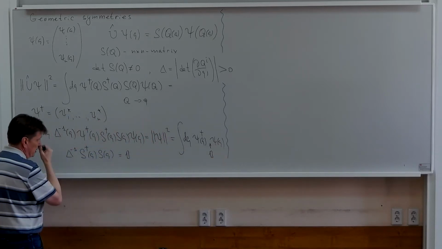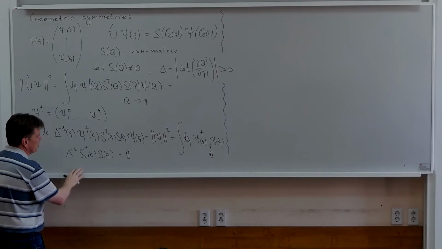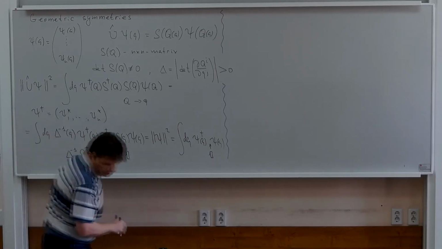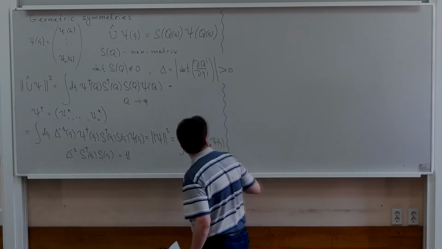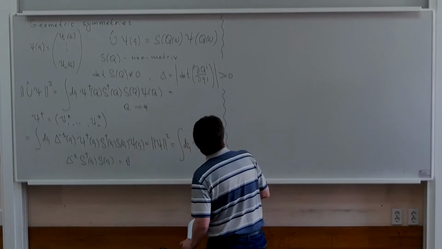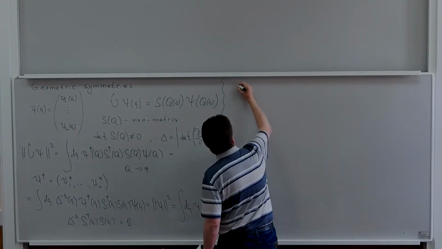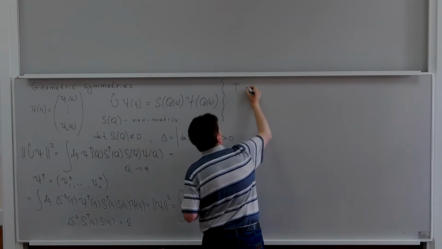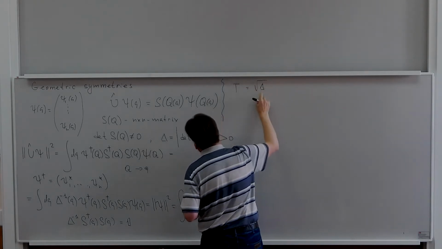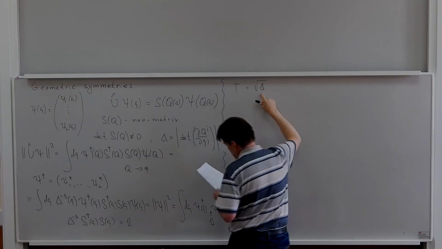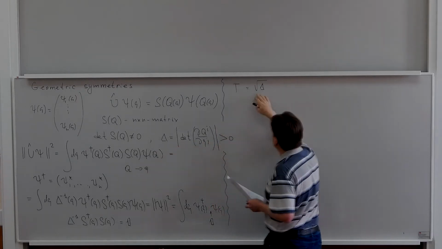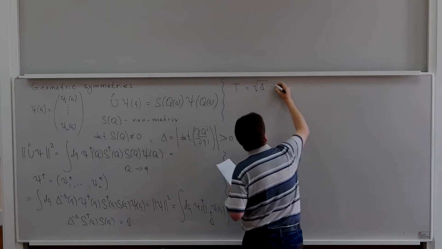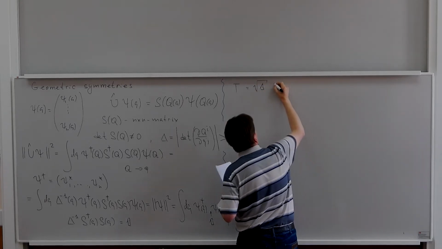So this is the condition of unitarity. Okay, it is convenient to introduce an operator, let me denote it T, which is given by the square root of delta, and then multiplied by S. Delta is positive, so we can easily take square roots.